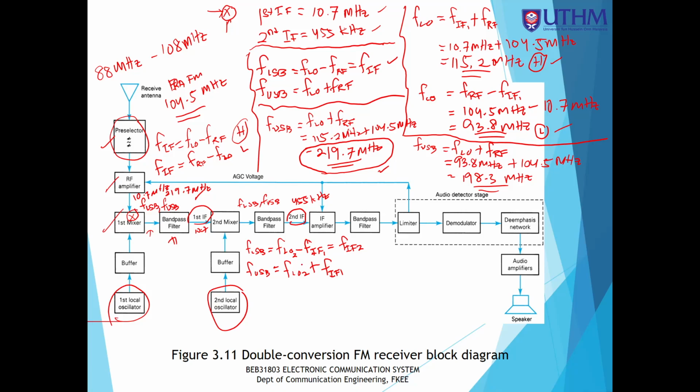Now the issue is, how much is the upper sideband produced by the second mixer? We can do the calculation. For example, if we use a high side injection, let's do the calculation to find the FLO.